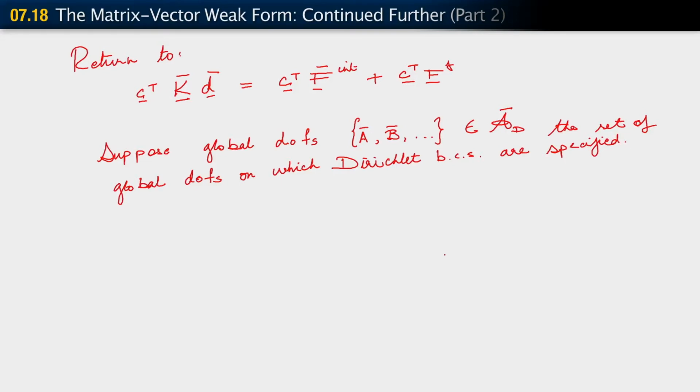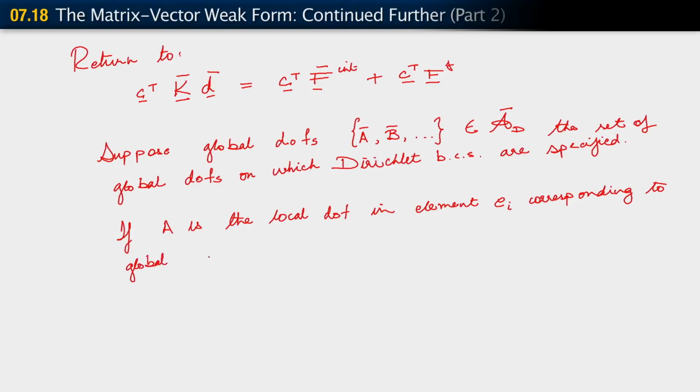Okay. Well, we know that if A is the local degree of freedom in some element, say E I, corresponding to global degree of freedom, say A bar, belonging to the set of Dirichlet degrees of freedom globally, right.